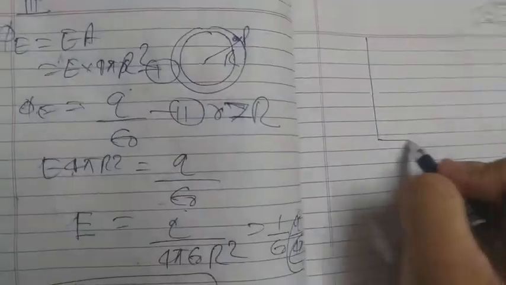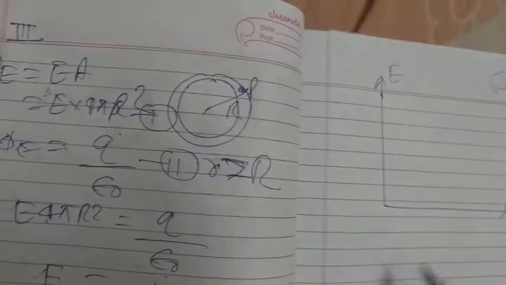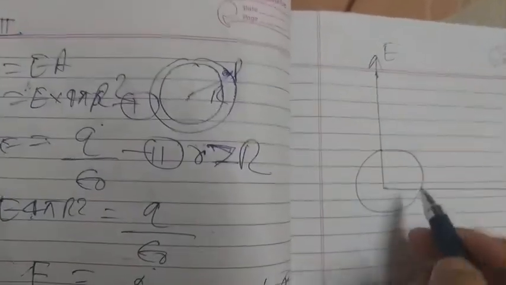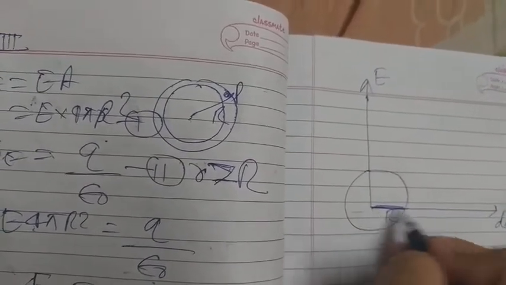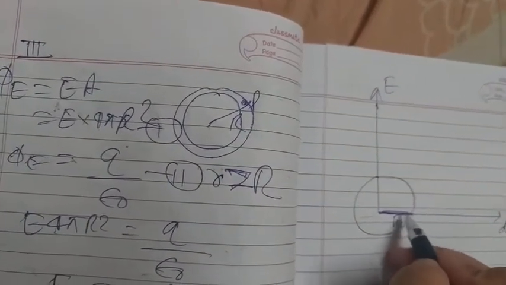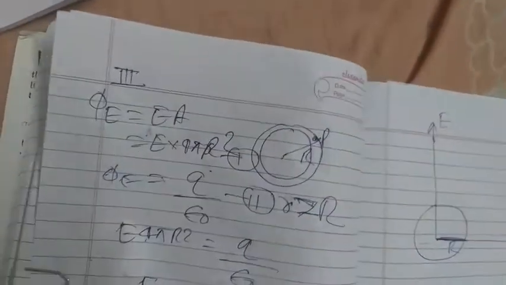So on the basis of these three cases you can draw a graph. In a single graph you can summarize all three cases. This is the distance r from the center, and this is the electric field, and this is the sphere. So this is maximum R. Inside the sphere, you have seen the electric field is 0. At the surface it is maximum.